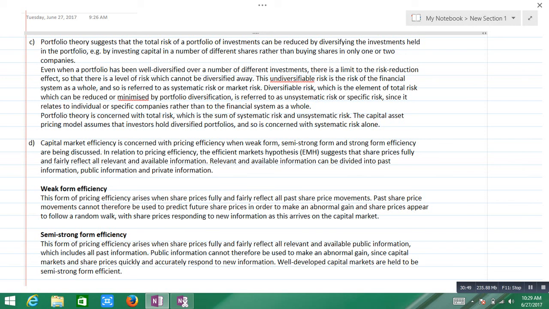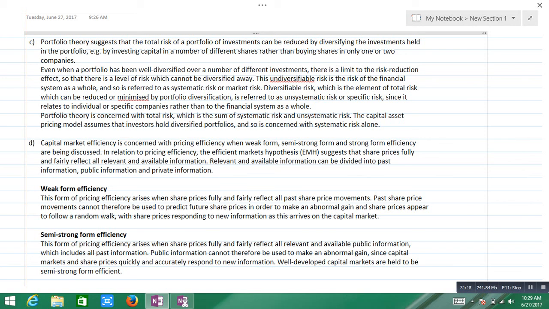However, when you calculate CAPM, as I explained, it only concentrates on systematic risk. That's why we have the beta calculation over there. It only concentrates on systematic risk because that's the important factor, and it is assumed that the unsystematic risk is fully diversified away.